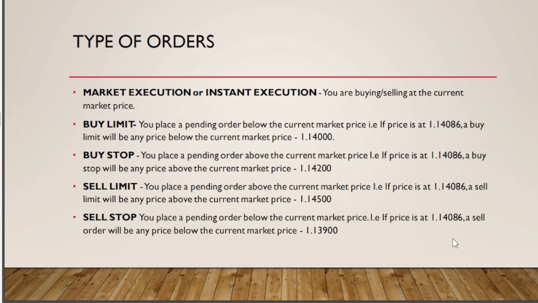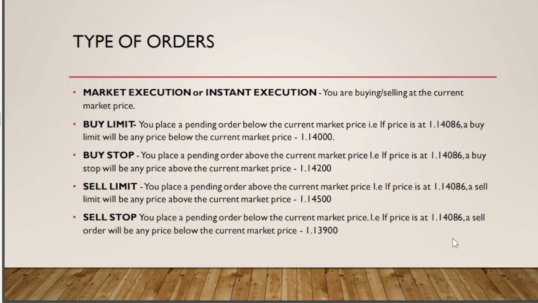So today, I think you have to go digest what we've learned so far about lot sizes and leverage. In case you have any question, feel free to ask and feel free to send us a mail. When next we come, we're going to talk more on types of orders. I don't want to bombard you with so much this evening, because it can get confusing if you don't take it one step at a time.